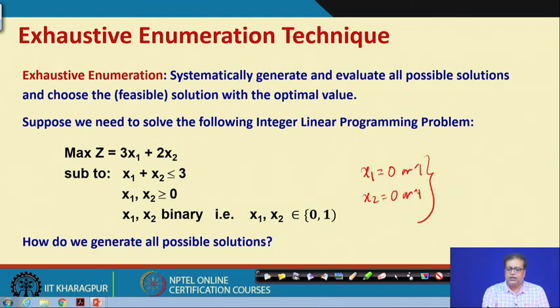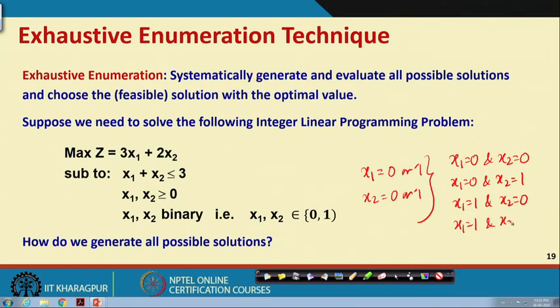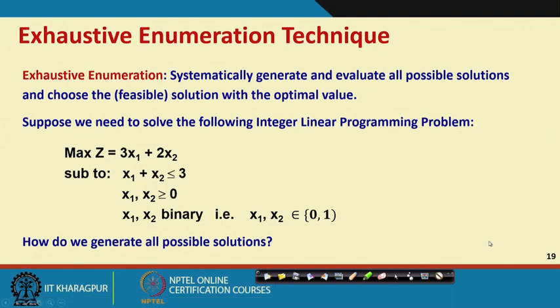That means x1 equal to 0 and x2 equal to 0, x1 equal to 0 and x2 equal to 1, x1 equal to 1 and x2 equal to 0, x1 equal to 1 and x2 equal to 1. They are all our possible solutions. Very easy really, because it is a very simple problem.